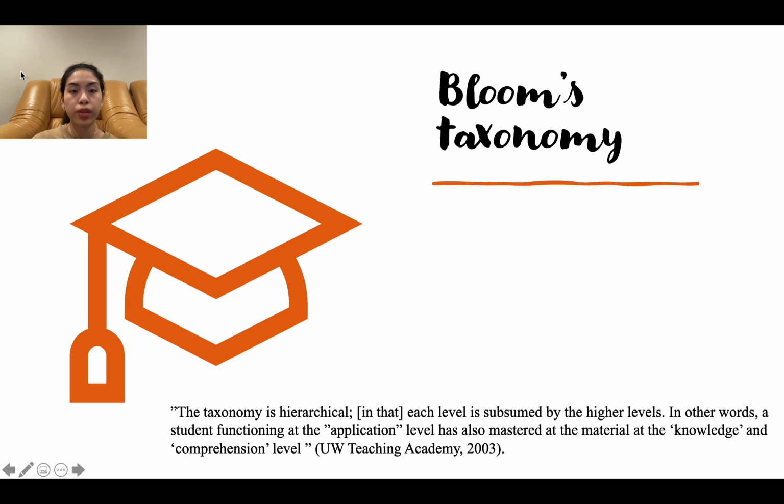According to the UW Teaching Academy, the taxonomy is hierarchical. Each level is subsumed by the higher levels. In other words, a student functioning at the application level has also mastered the knowledge and comprehension levels. So my project falls into remembering, understanding, and applying.